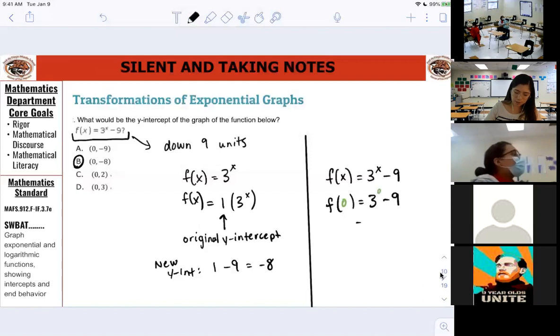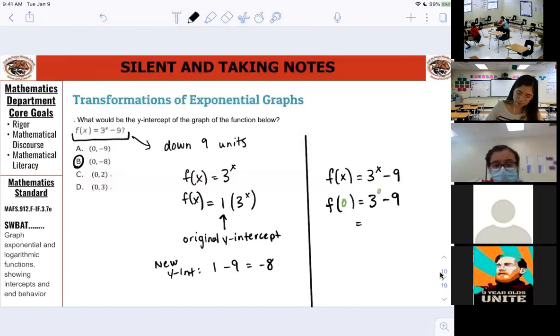So here's another way you could have figured it out. What is 3 to the power of 0? Try it on your calculator. What's 3 to the power of 0? 3.